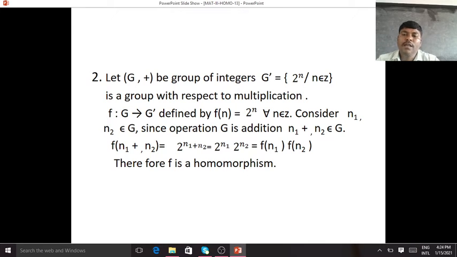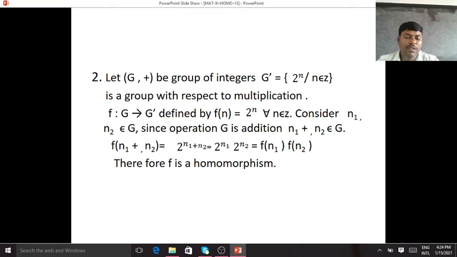Solution: f from G to G' defined by f(n) = 2^n for all n belongs to Z. Consider n1, n2 belongs to G. Since the operation in G is addition, n1 + n2 also belongs to G. So f(n1 + n2) = 2^(n1 + n2). That can be written as 2^n1 times 2^n2. That is equal to f(n1) times f(n2).